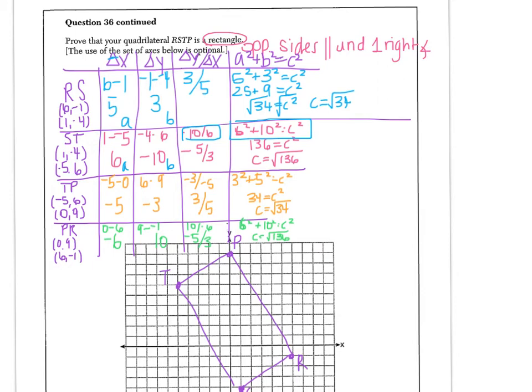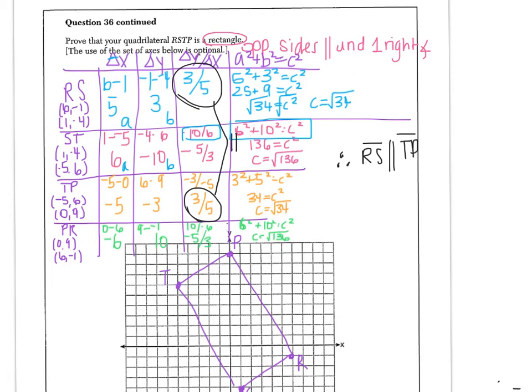So when I'm looking at my picture or my paper with this big chart, I'm noticing several things happening here. RS and TP have the same slope. So that means that these two lines are parallel. So I'm going to actually make a statement right now. Therefore, RS is parallel to TP.